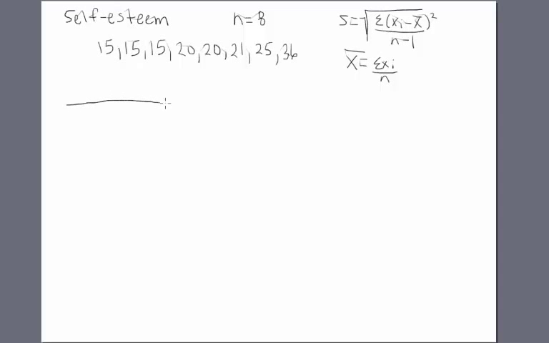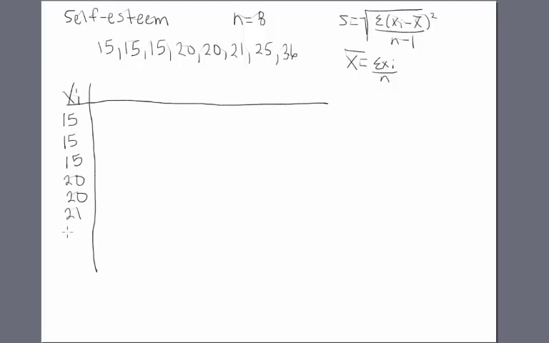The first step is to go ahead and create a column of all of your x sub i's. And you can follow along on your paper. So the first x sub i is 15, then we have 15, and then 15, then we have 20, 20, 21, 25, and 36. 1, 2, 3, 4, 5, 6, 7, 8.